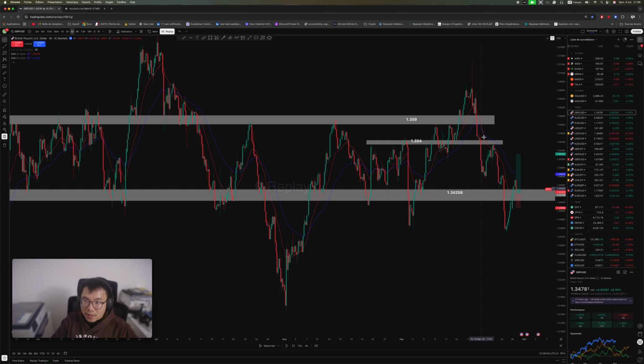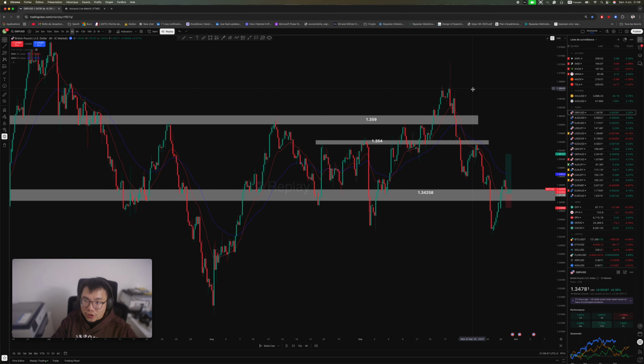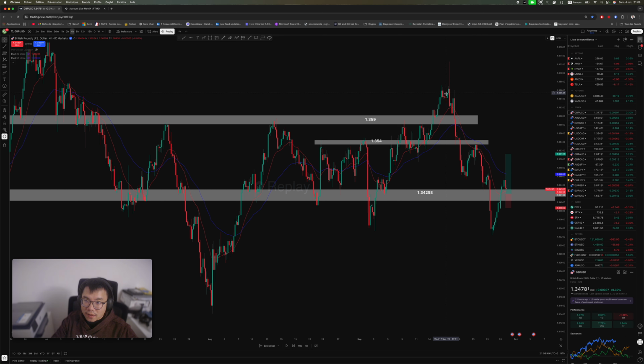My thesis is that, short-term wise, I saw price break under the key resistance, also break under the intermediate level 1.354, retest, and break under 1.3425 here.